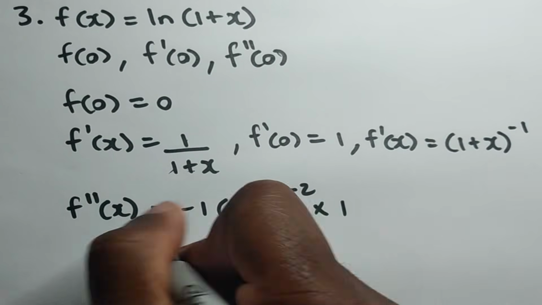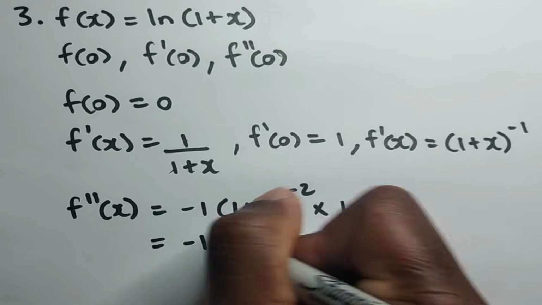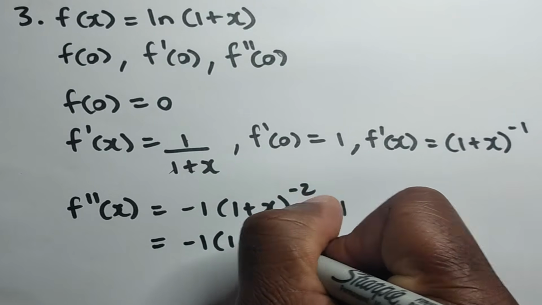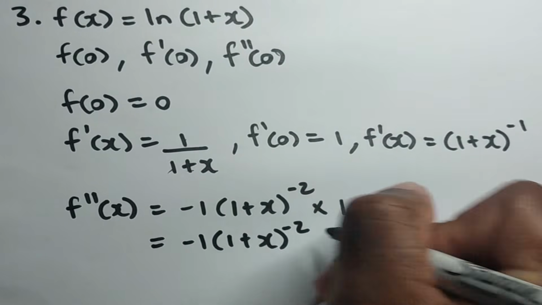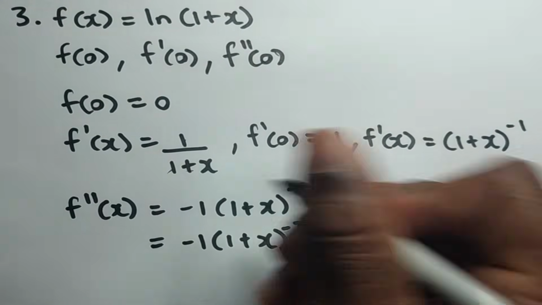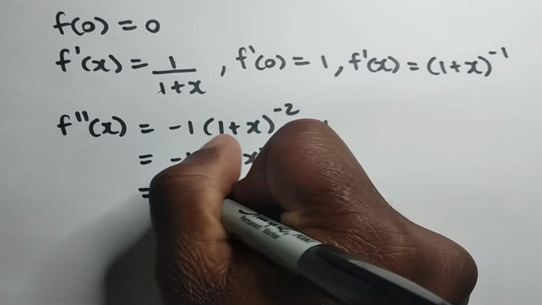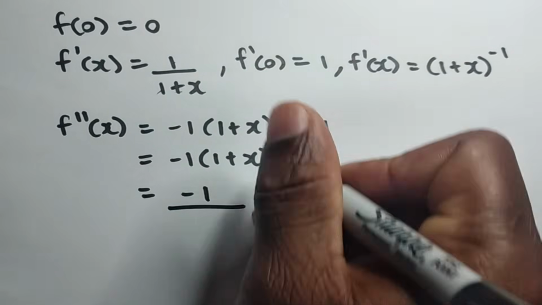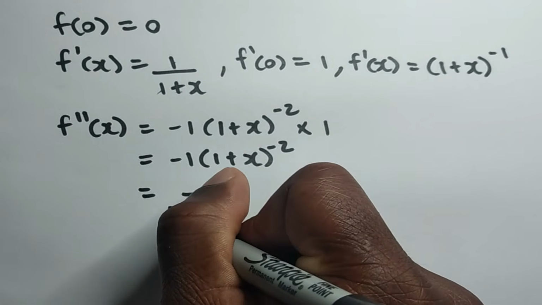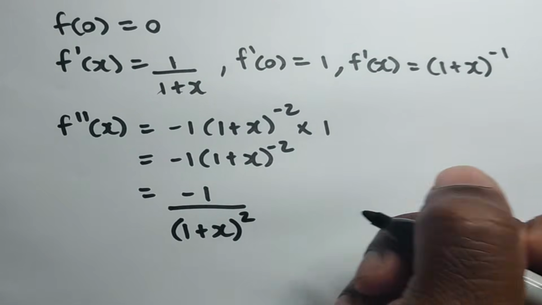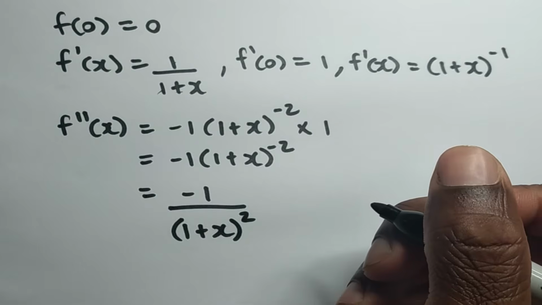So this is the same thing as negative 1 times 1 plus x to the power of negative 2, because 1 times anything doesn't change the value. We can also rewrite this by bringing the bracket down to the denominator: negative 1 over 1 plus x in brackets raised to the power of 2.